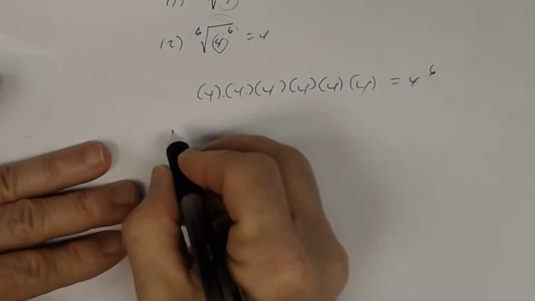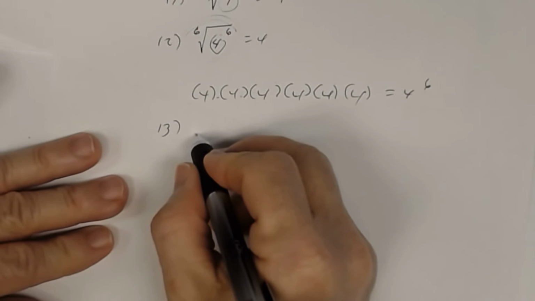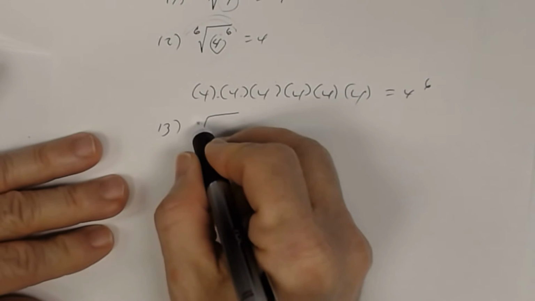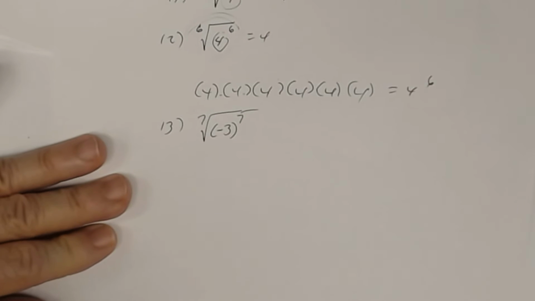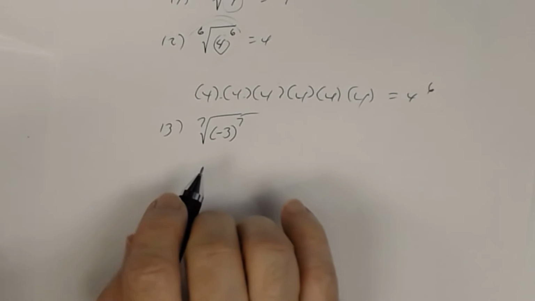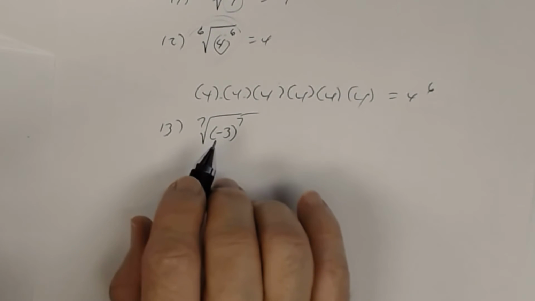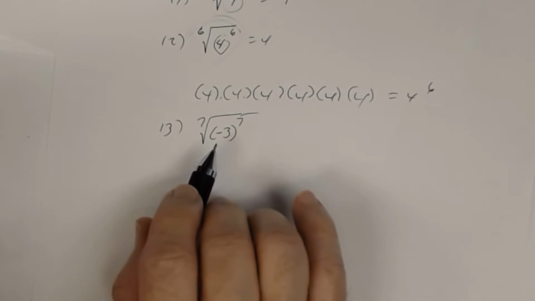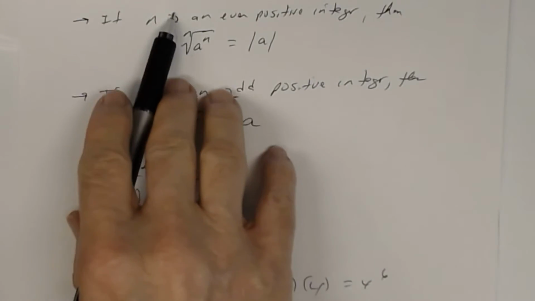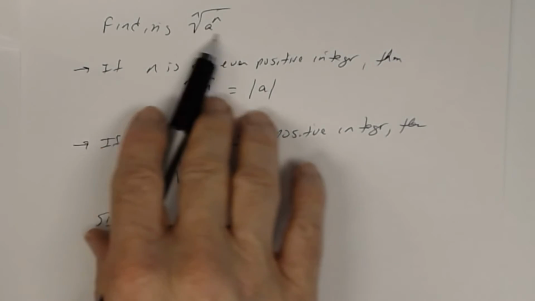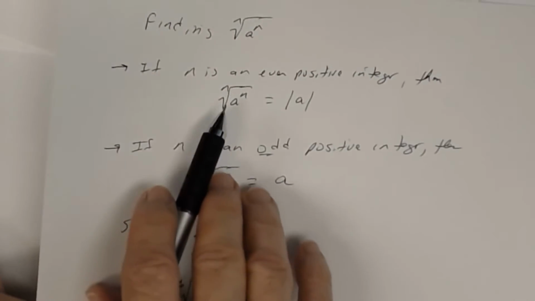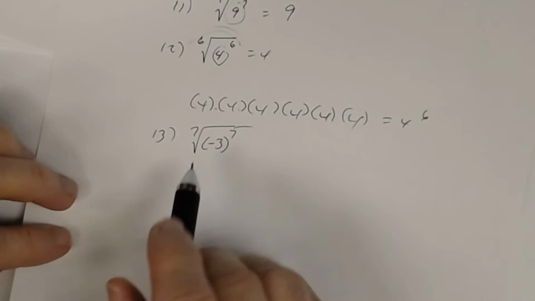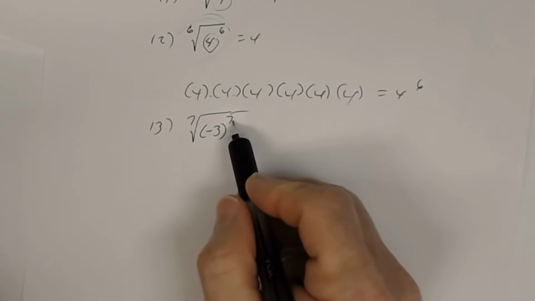Number 13, what if you had the seventh root of negative 3 to the seventh power? Okay, now that's where students get confused. They don't know whether to say negative 3 or positive 3 because of this rule right here. It's not an easy thing to understand at first. But what you got to remember is this: a negative number raised to an odd power is negative, right?